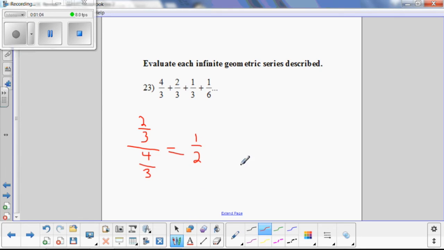And the formula is the sum is equal to the first term, which in this case is 4/3, over 1 minus the common ratio, which we said was 1/2. Again, I can type that in my calculator.